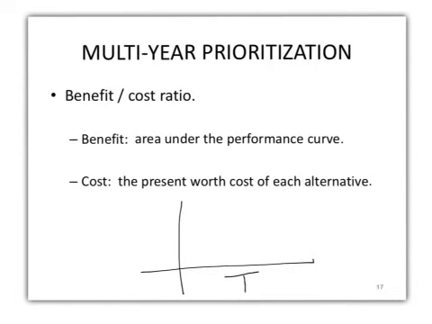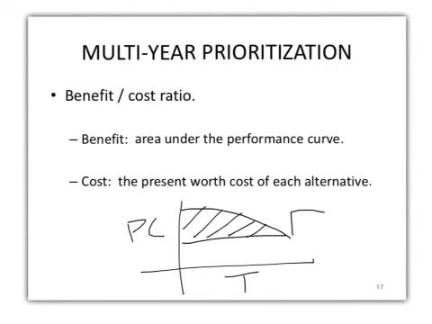So if you look back to the graph that we used to draw, this is the time and this is the pavement condition, and we would draw the curve like this. Now the area under the curve, in this case, this is the amount of area under the curve before I apply another treatment and it goes back down.